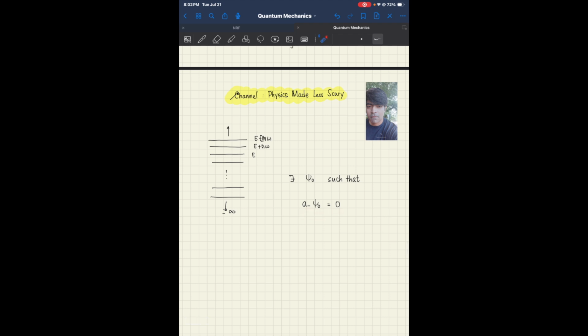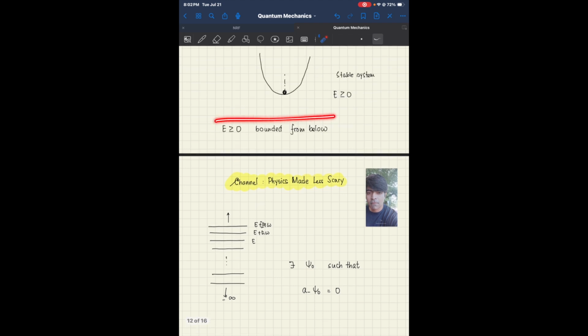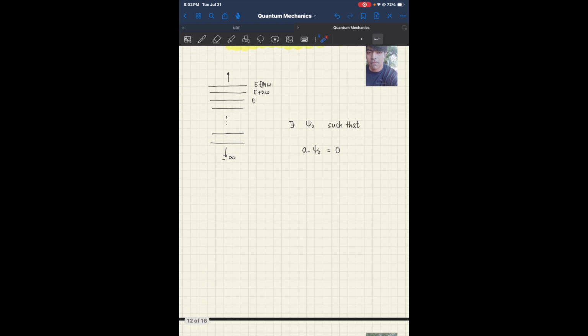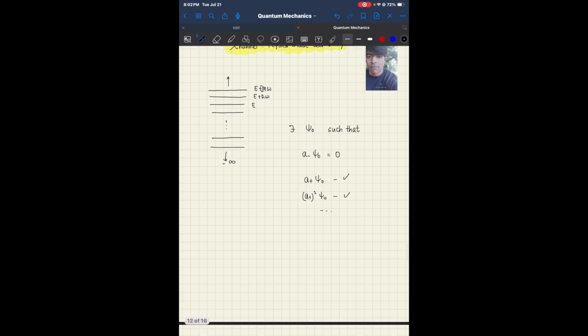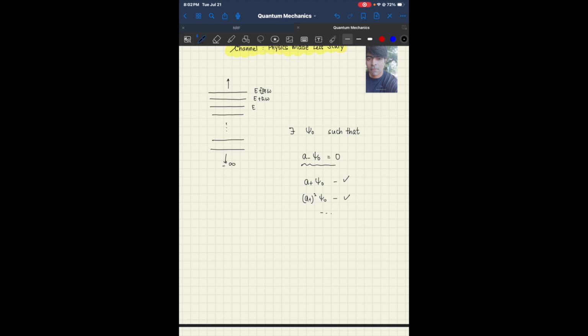This is the same condition as this condition. Of course, you can act A plus on it. A plus psi naught is fine. A plus square psi naught is fine. And so on and so forth. That's not a problem. But psi naught has to be annihilated by A minus, because A minus reduces the energy.